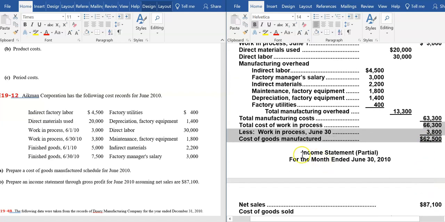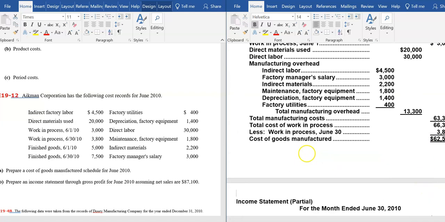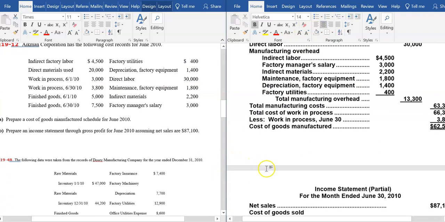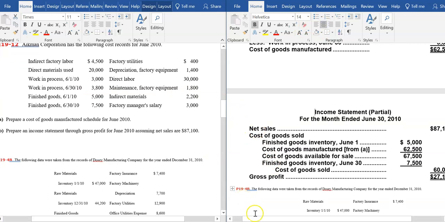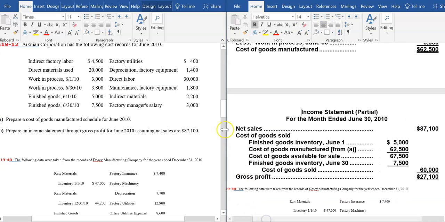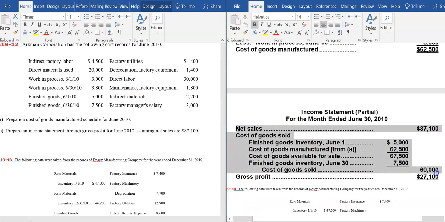Now to prepare an income statement for the month of June. Remember, income statements are reporting the sales minus the cost of goods sold. Net sales, the difference between gross revenues and any discounts, returns, and allowances.